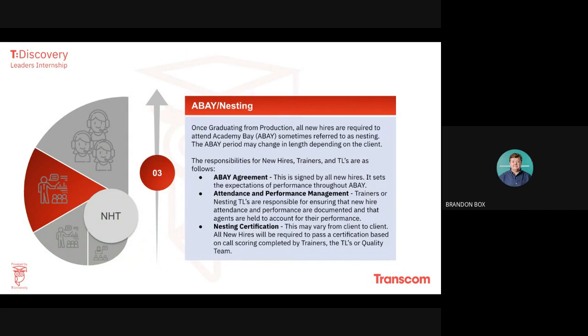So if we have, for instance, a target of 90% CSAT in production, the A-Bay target may be 80 to 85%, depending on the client. And essentially, the A-Bay agreement outlines that the new hire agent should be reaching that 80 or 85% by the time they leave.